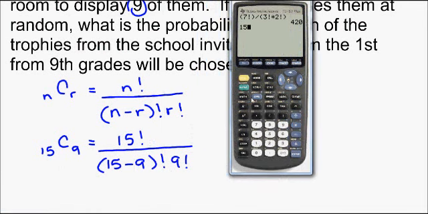So 15 factorial divided by (15 minus 9) factorial. Notice I used double parentheses on the bottom here.